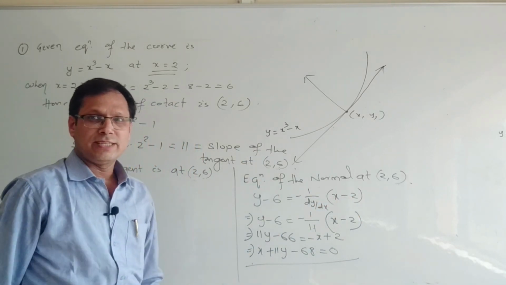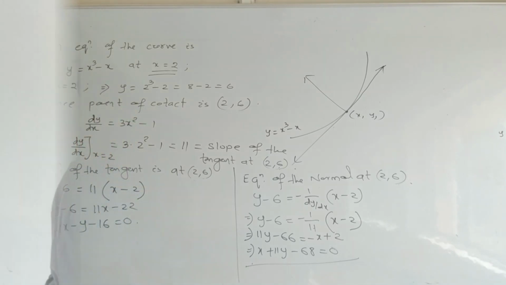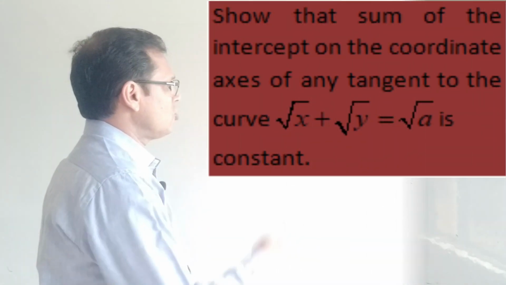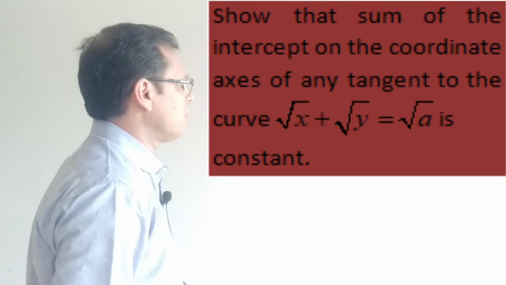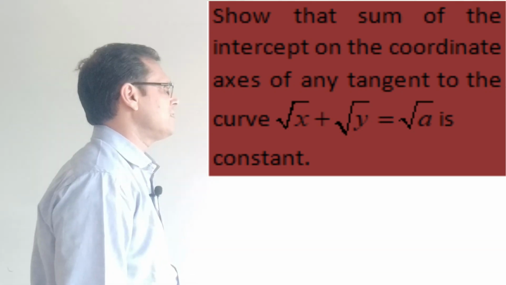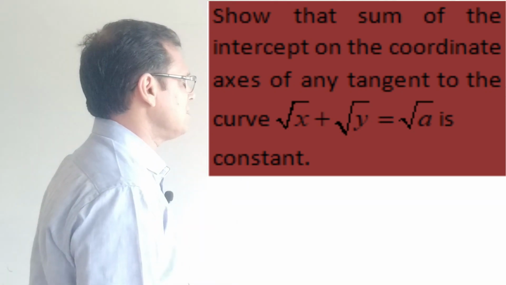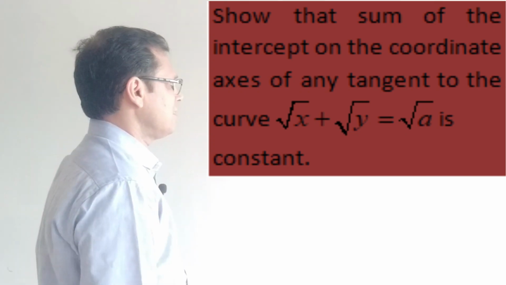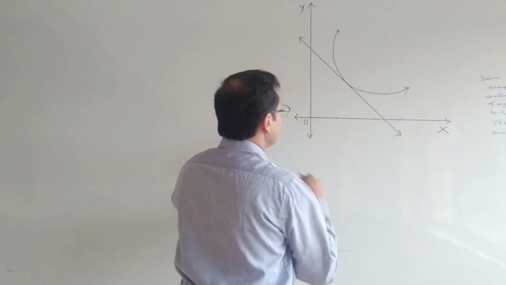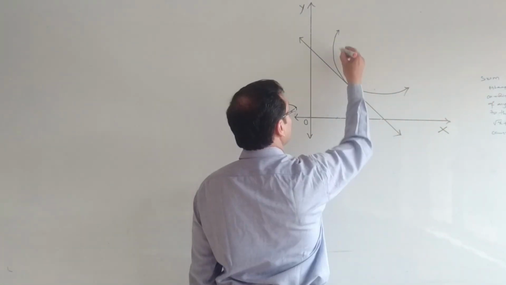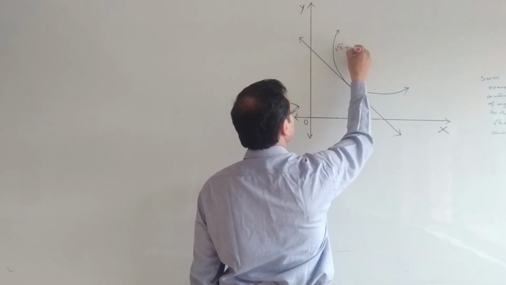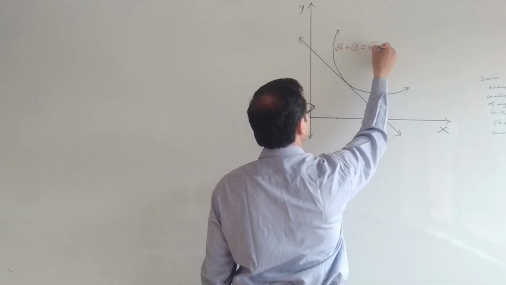Now we'll go to the next problem. Carefully, prove that the sum of the intercepts on the coordinate axes of any tangent to the curve root x plus root y equals root a is constant. Let this be a rough sketch of the curve root x plus root y equals root a.